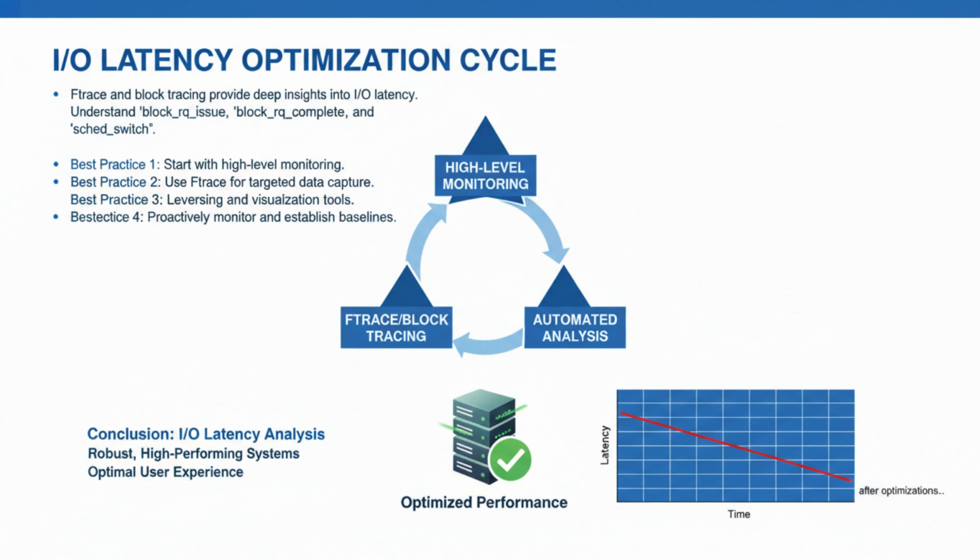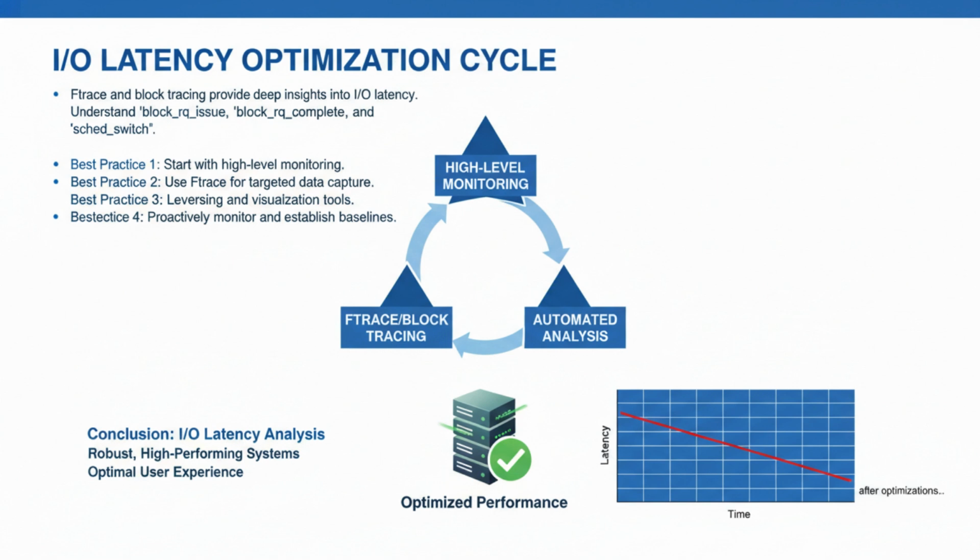Best practices for effective I/O latency analysis include: first, always start with high-level monitoring to identify a potential problem area. Second, use Ftrace to zoom in, focusing on specific workloads or timeframes to capture relevant data. Third, employ automated parsing and visualization tools like trace-cmd or custom scripts to make sense of the vast amount of trace data.